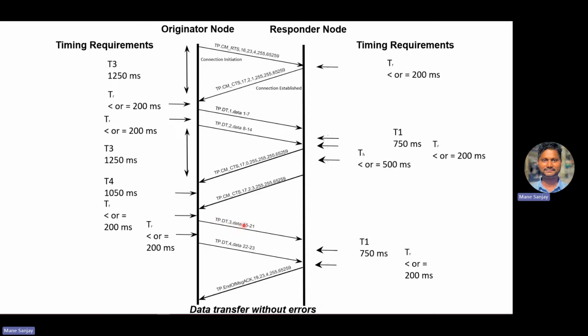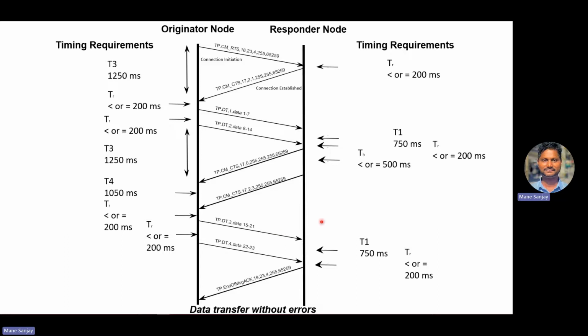The first byte is used for the sequence number, the second byte is used for the data of the 15th byte, and then the third one is used for the data of the 16th byte. But what about the rest of the fields? For the rest of the fields, the originator pads with FF. If there is no assignment, or the frame is remaining empty, at that time FF is filled into the frame.